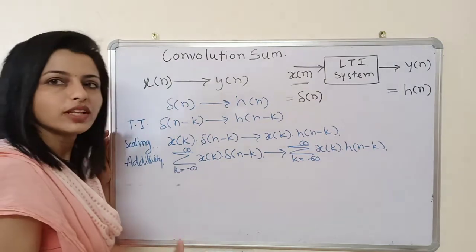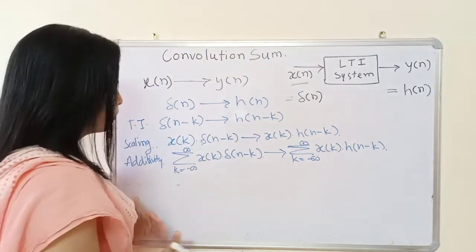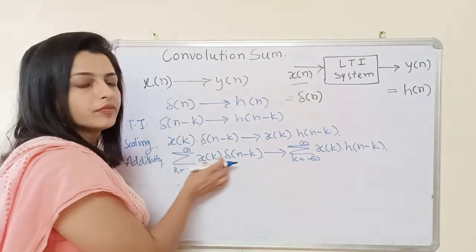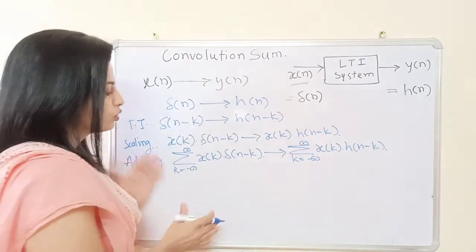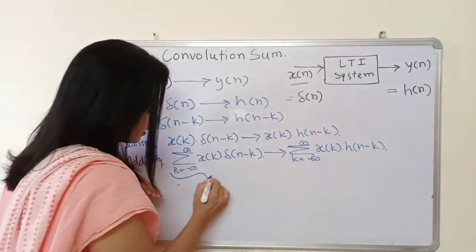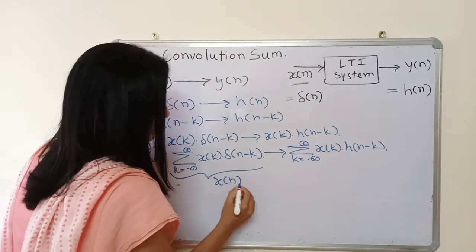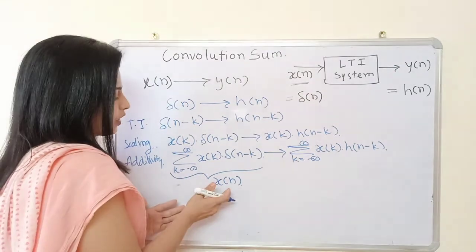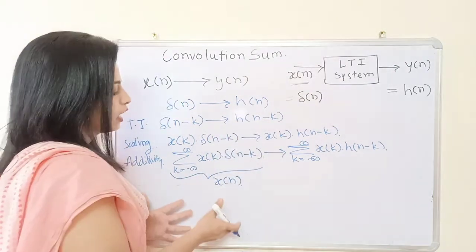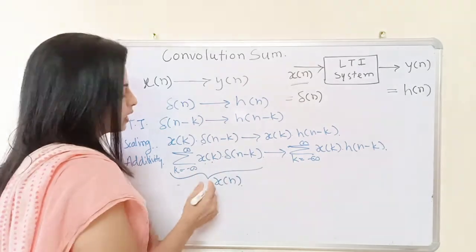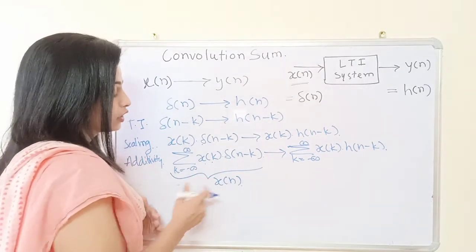In the last video, we saw how to represent x of n in terms of shifted and weighted impulses. So any signal can be represented by shifted impulses weighted by the amplitudes of the signal x of n.